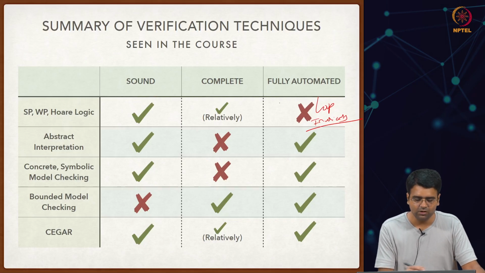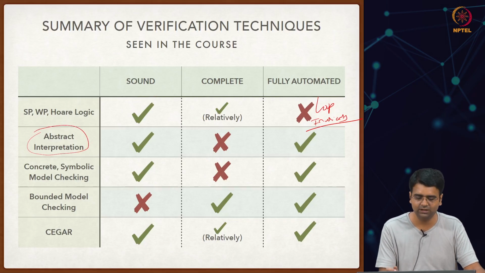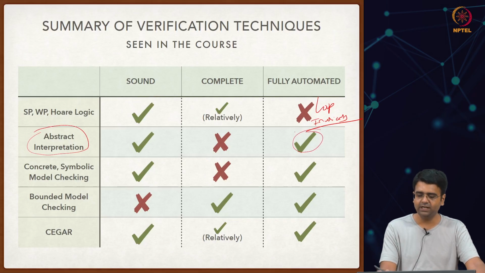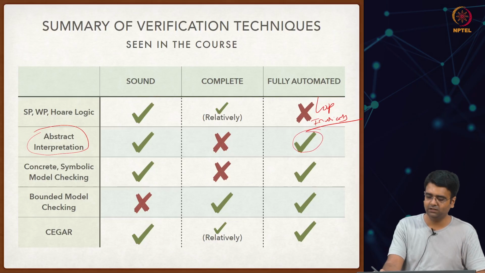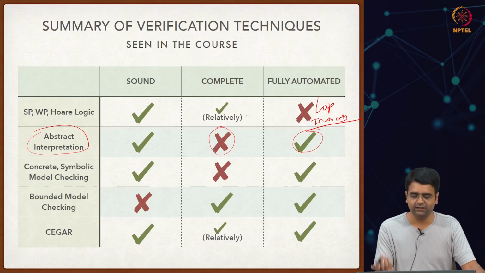On the other hand, we have seen abstract interpretation. We spent a lot of time on abstract interpretation. Abstract interpretation is fully automated, meaning that you do not have to supply any loop invariants, but its flip side is that it is not complete, meaning that even if your program is correct, abstract interpretation may fail to show that the program is correct.